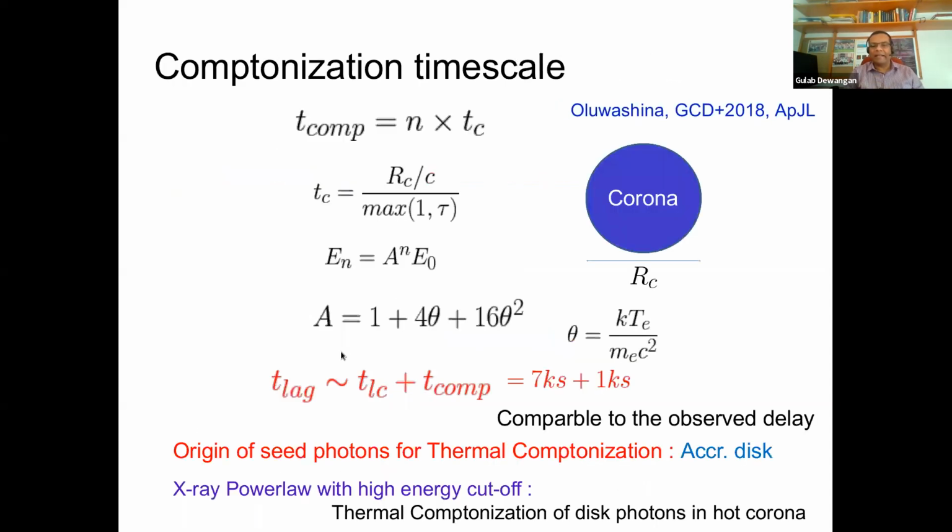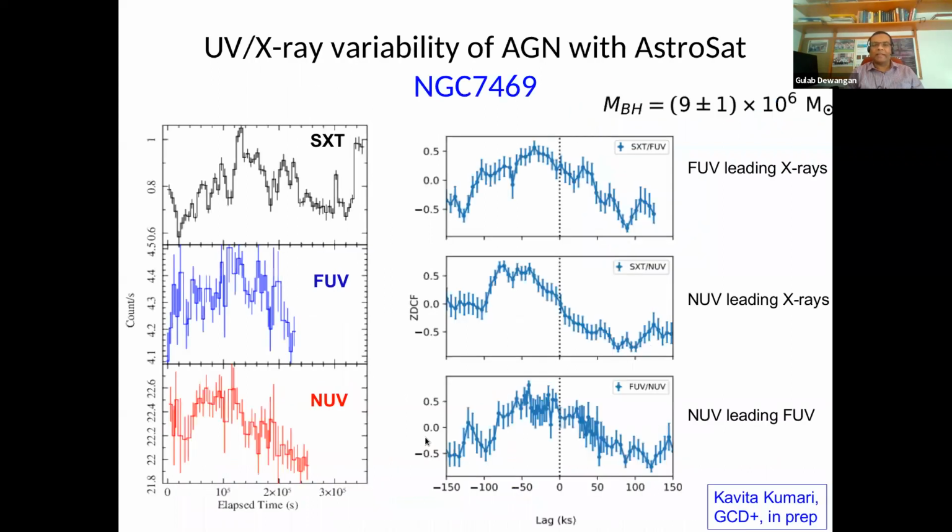We did all these calculations, and we find that the sum of the light crossing timescale and the Comptonization timescale is very much comparable to the observed timescale, and therefore we establish that the accretion disk is the entity which provides the seed photons.